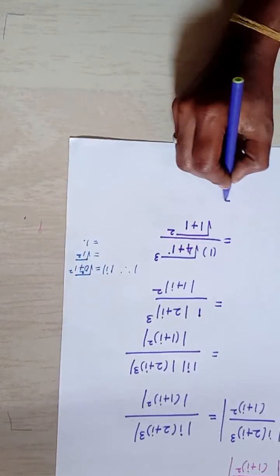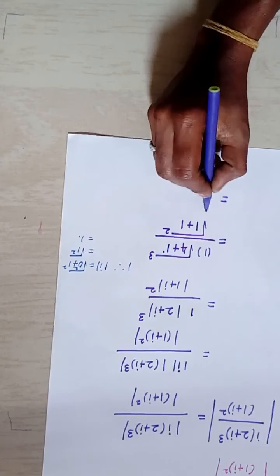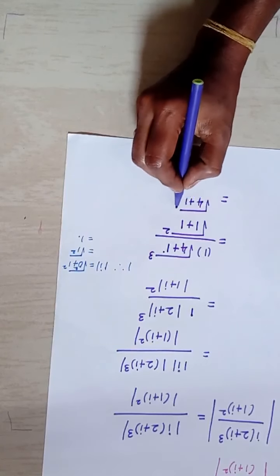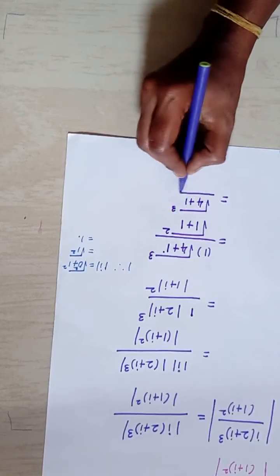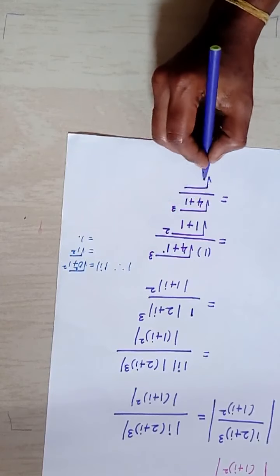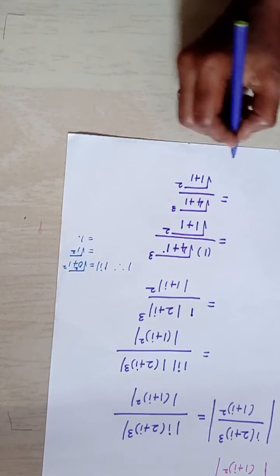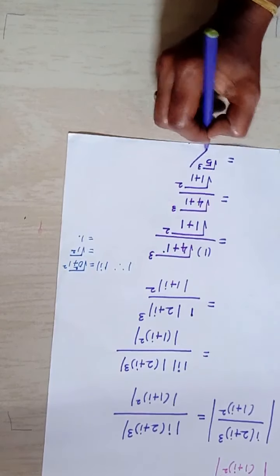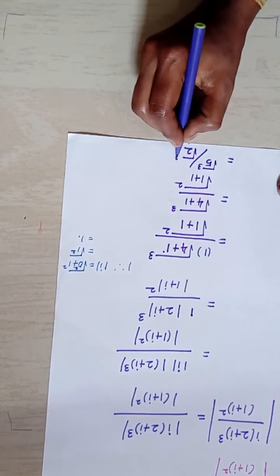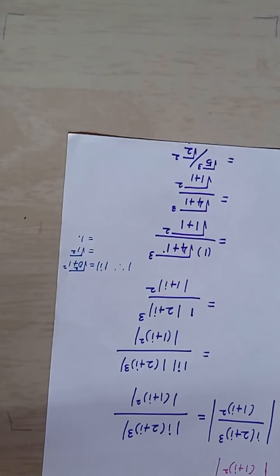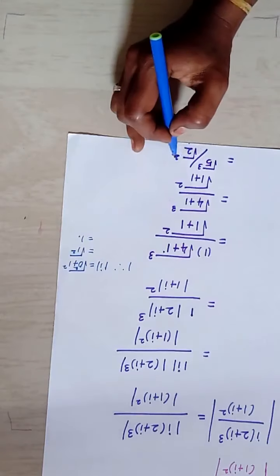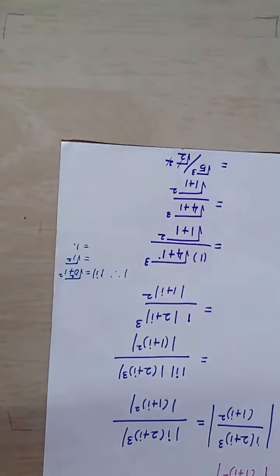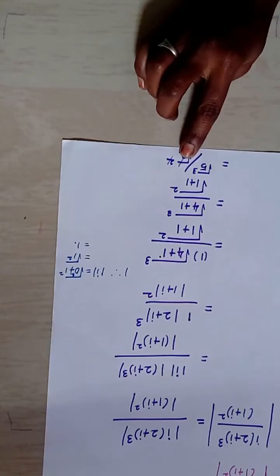Which is equal to square root of 4 plus 1 the whole cube divided by square root of 1 plus 1 the whole squared, which is nothing but square root of 5 cube divided by square root of 2 square. Am I right? Now here the square and root get cancelled. Finally we got 2 only.